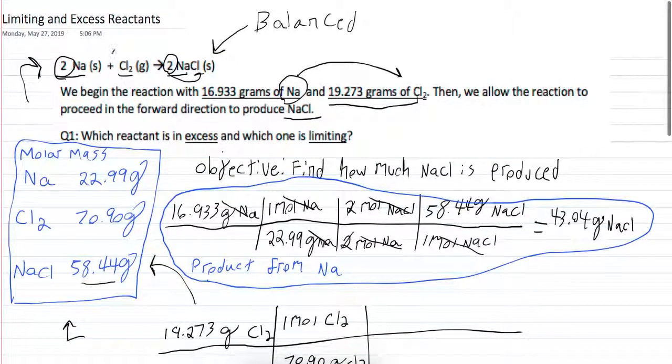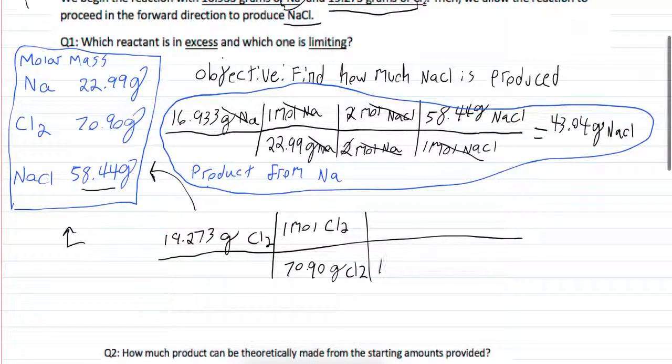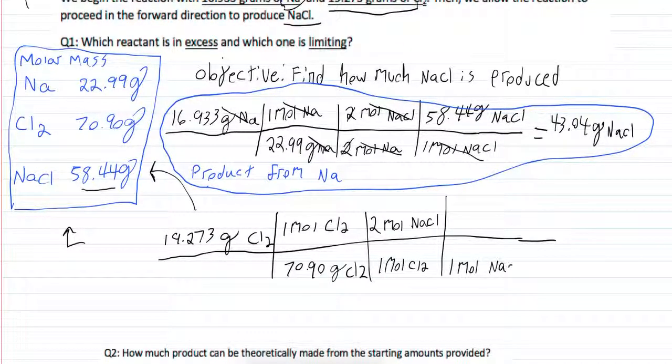You see for every 1 mole of Cl2, there's an implied 1 there, you produce 2 moles of NaCl. We want to know the weight in grams. So for every 1 mole of NaCl, look back at your table, see that it weighs 58.44 grams.